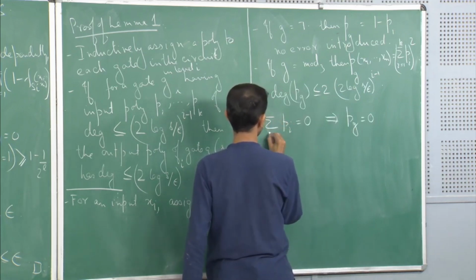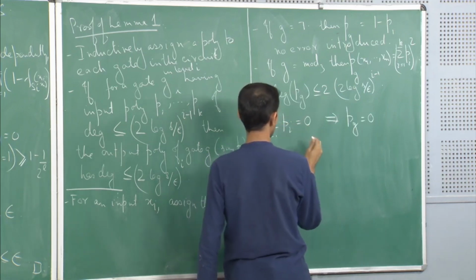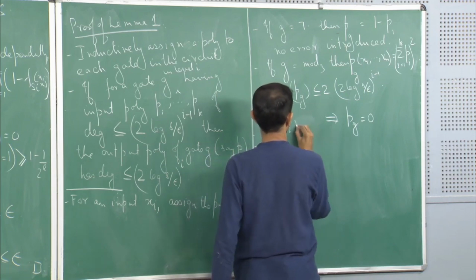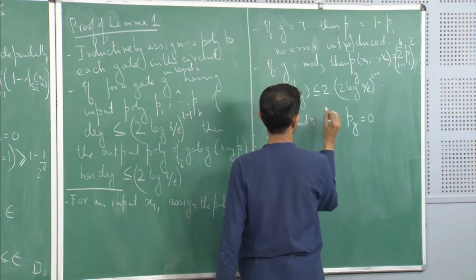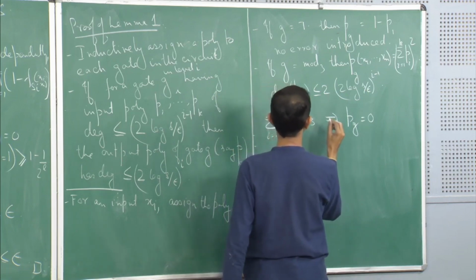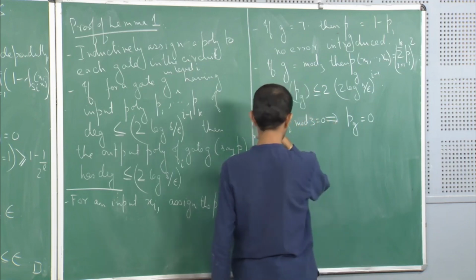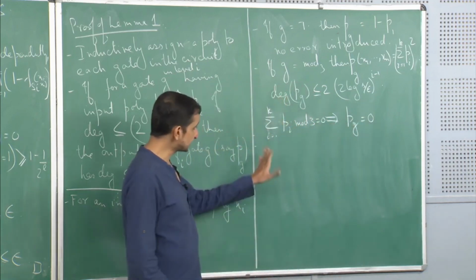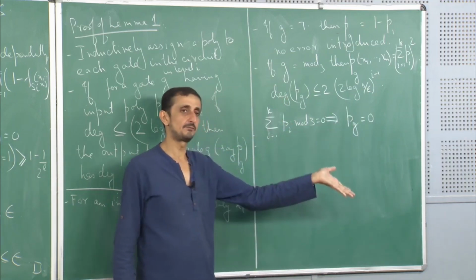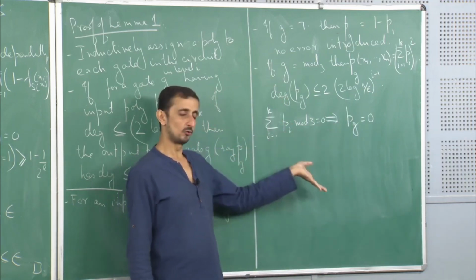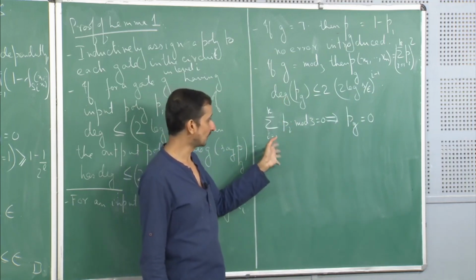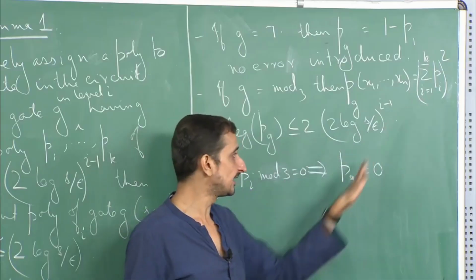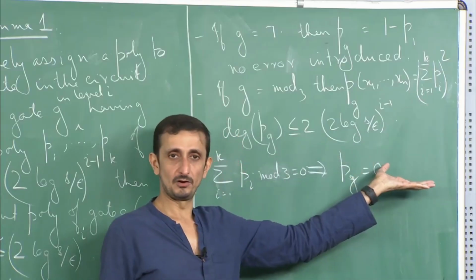If the sum of Pi's is equal to 0 mod 3, then Pg is equal to 0, and if this sum is non-zero mod 3, then it can be either 1 or 2, that is basically 1 or minus 1, in which case, because I am squaring it, Pg will also be non-zero.